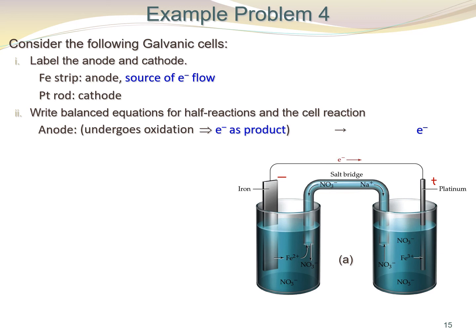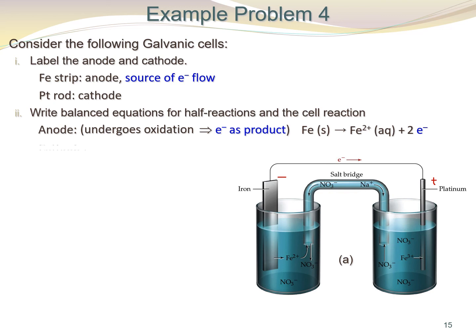It's going to be on the right-hand side of the equation. On the other side, it must be iron. Once we have those oxidized and reduced couples located, we can balance this equation by putting 2 in front of electrons. Now we have this half reaction balanced in terms of atoms as well as the charges.